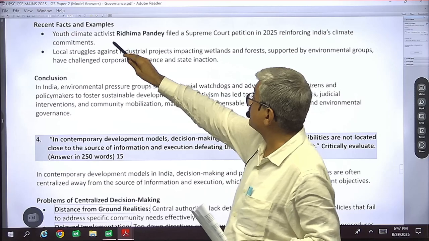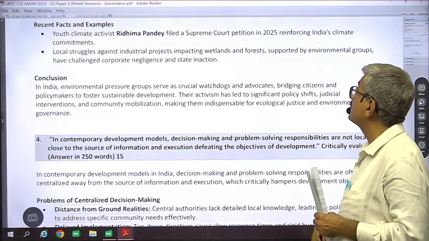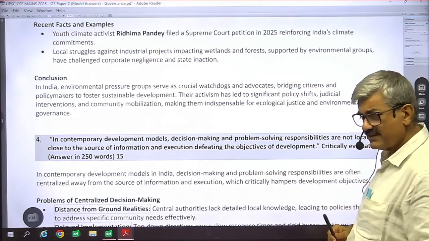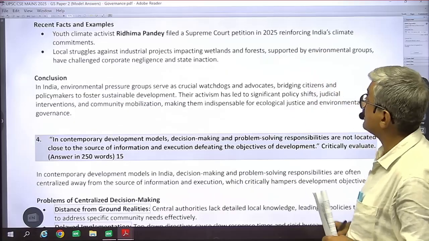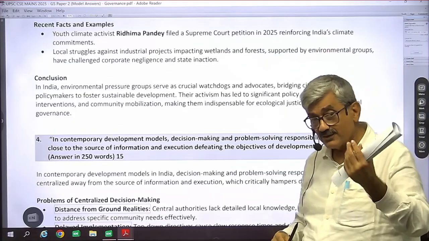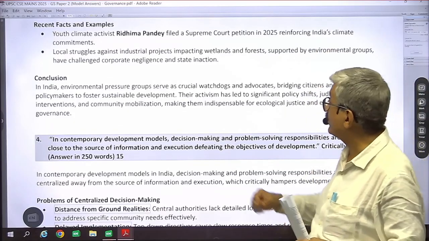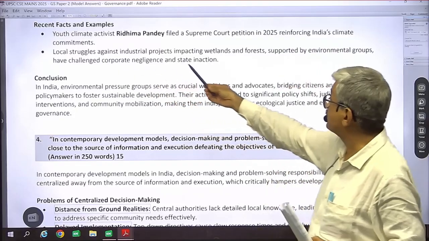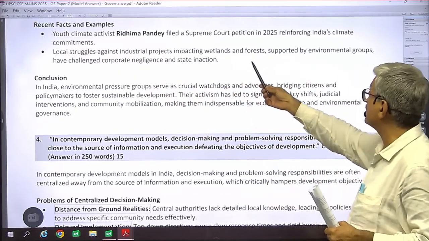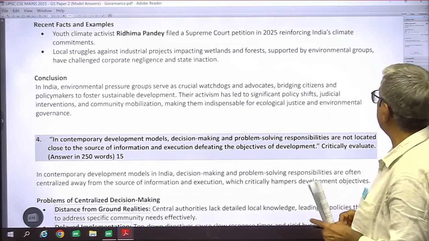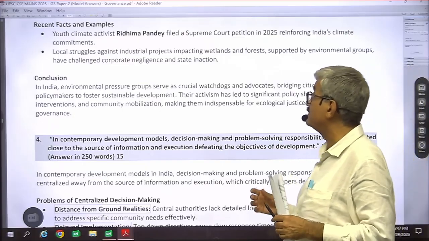Youth climate activist Ridhima Pandey filed a Supreme Court petition this year, reinforcing India's climate commitments. Not only groups, individuals also are doing local struggles against industrial projects impacting wetlands and forests, supported by the environmental groups, and have challenged corporate negligence and state inaction.